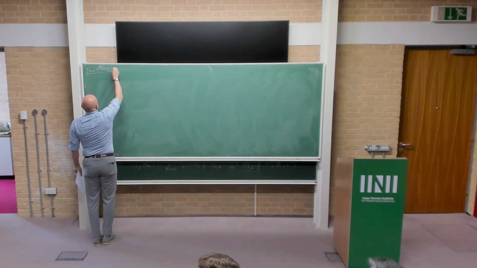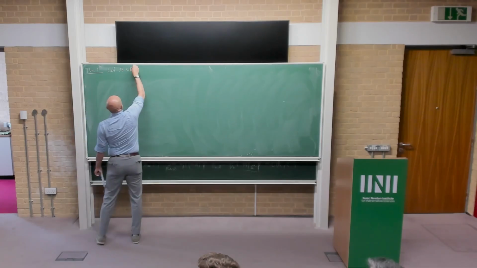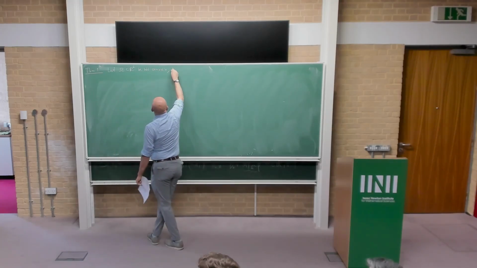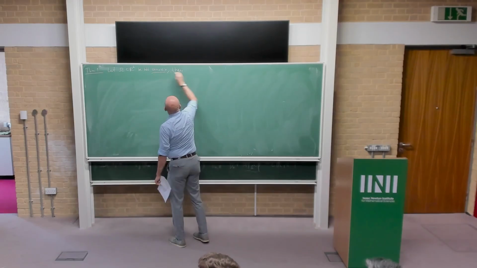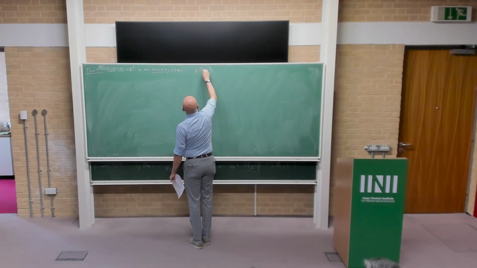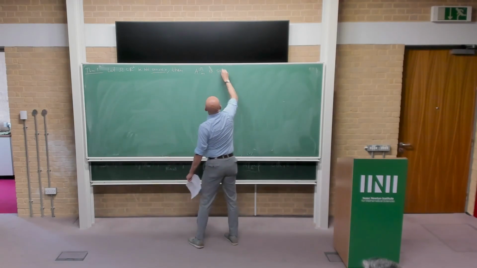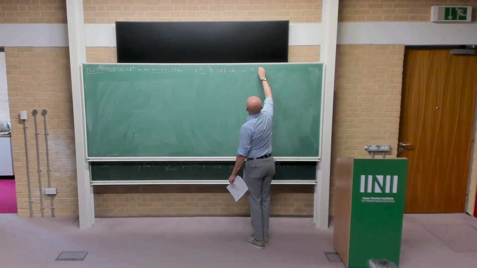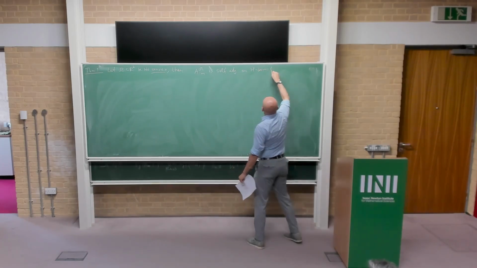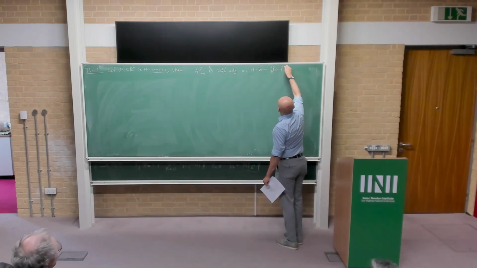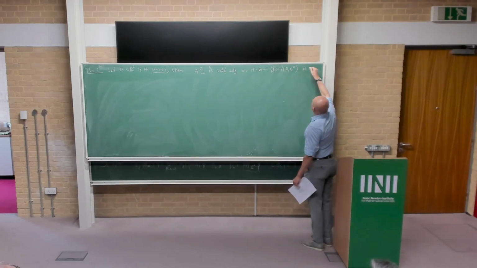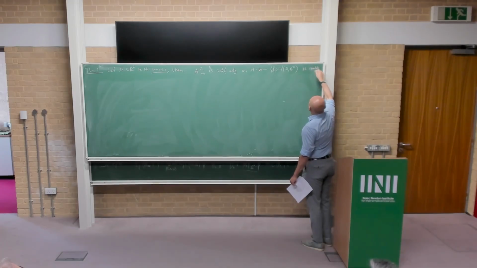Let omega be bounded convex. Then this operator omega is self-adjoint on this H1 domain, I mean, f in H1(omega, C^n) such that the boundary condition holds everywhere, or almost everywhere.